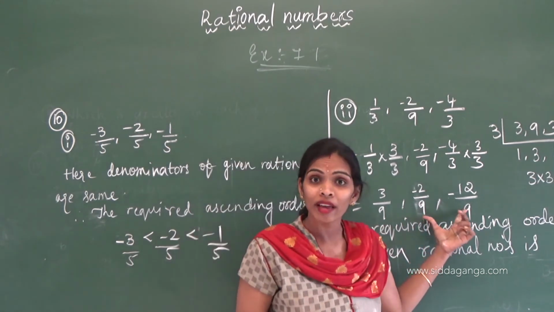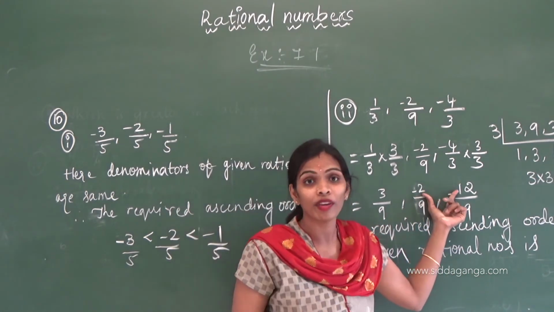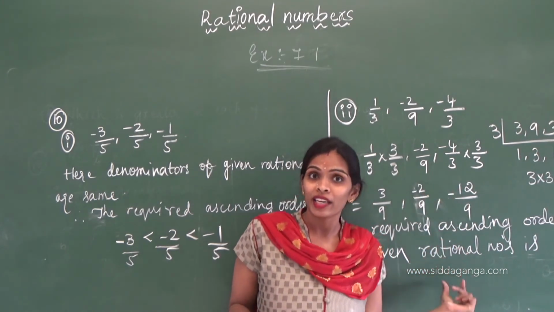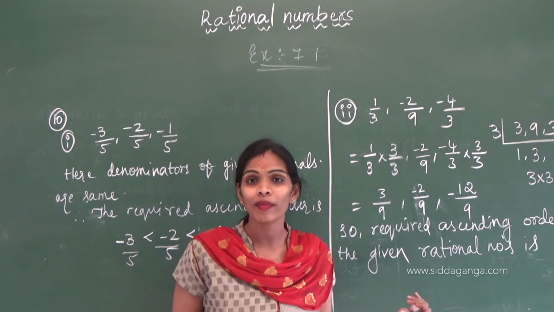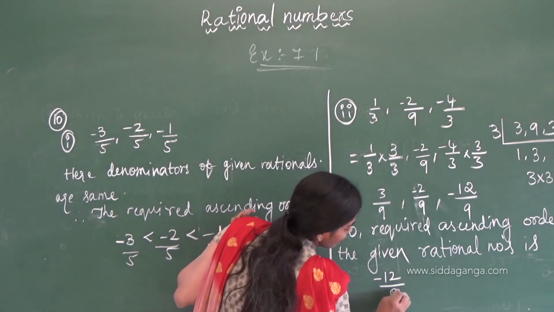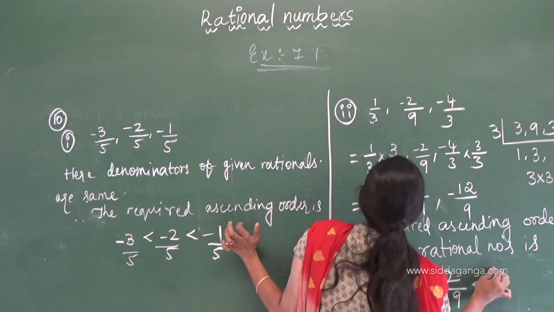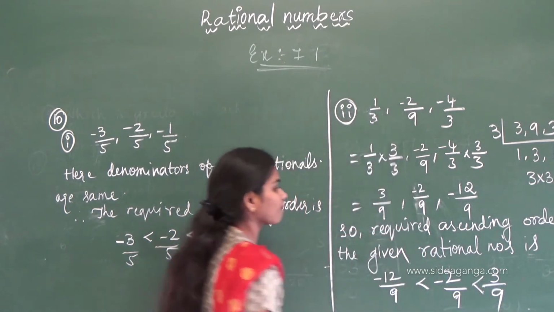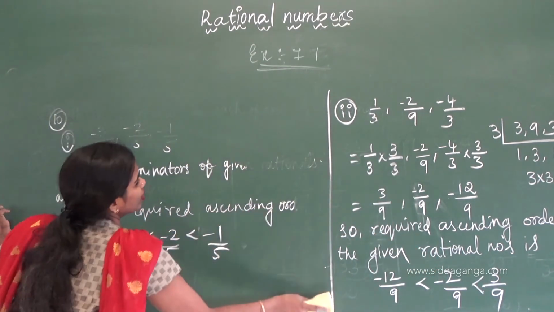These two also have the negative sign, but between -2 and -12, -12 is the smaller one, that's why in ascending order I am placing -12 by 9 first. Minus 12 by 9 is less than minus 2 by 9 and then positive 3 by 9. Okay, next question.